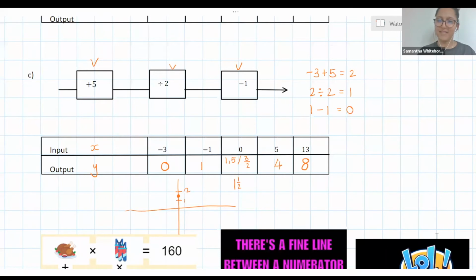Hi, ma'am. My question is, why do you change the numbers? Where do you get -3 plus 5 and 2 divided by 2? Why don't you use -3 all the time?